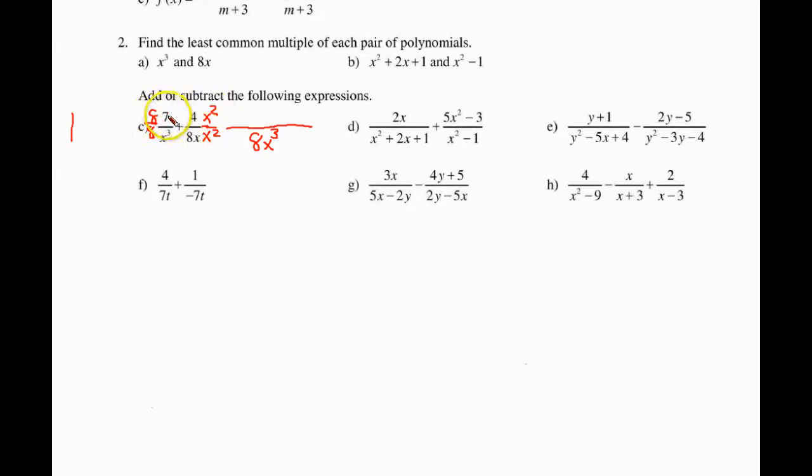We're multiplying these fractions by 1, but in a special form that allows our denominators to become the same. So we go 8 times 7 is 56, and we go 4 times x squared is plus 4x squared.